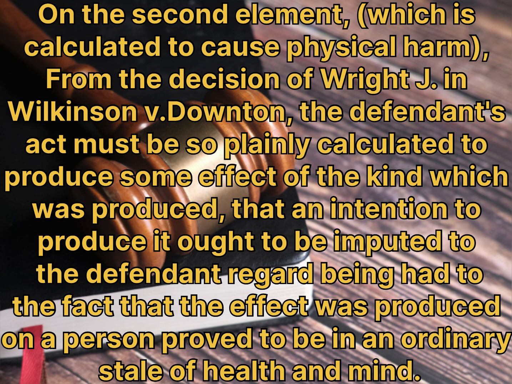On the second element, which is calculated to cause physical harm, from the decision of Wright J in Wilkinson v Downton, the defendant's act must be so plainly calculated to produce some effect of the kind which was produced that an intention to produce it ought to be imputed to the defendant, regard being had to the fact that the effect was produced on a person proved to be of an ordinary style of health and mind.